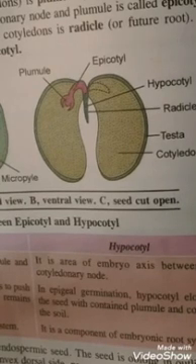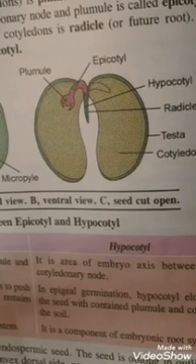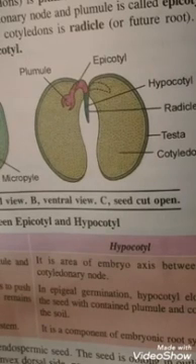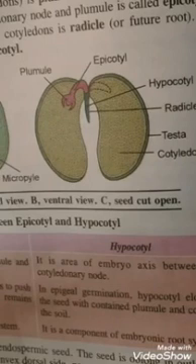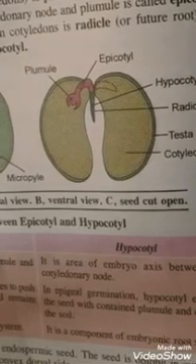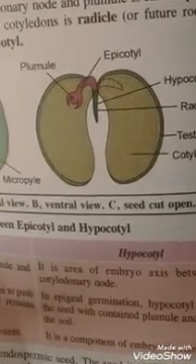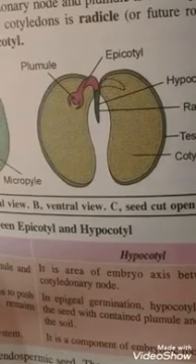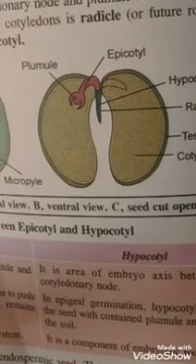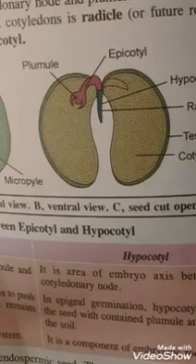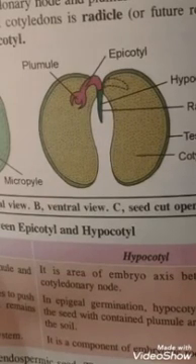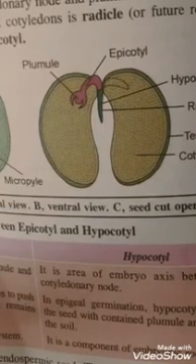Seed is a fertilized ovule. It means it is the final product of the fertilization. We can say seed is a fertilized ovule which is the final product of sexual reproduction.